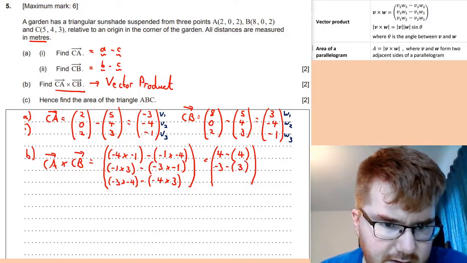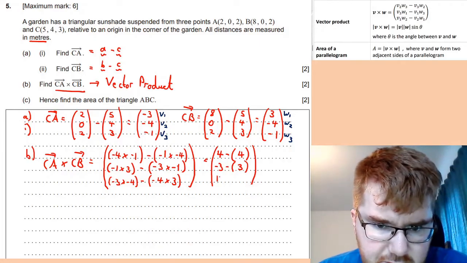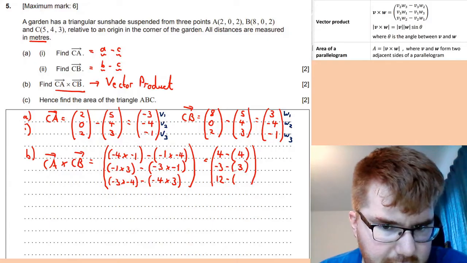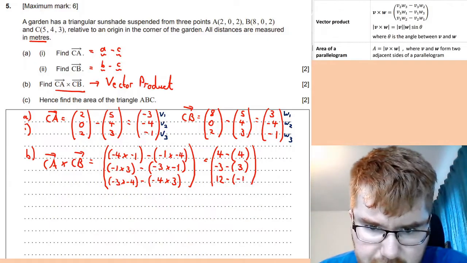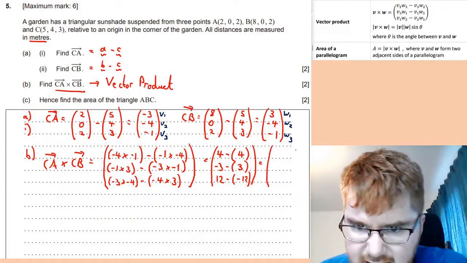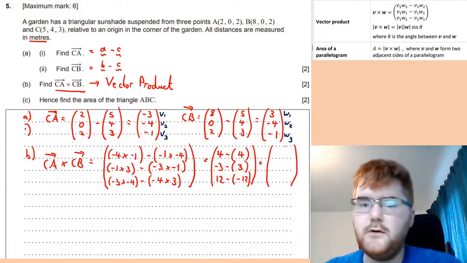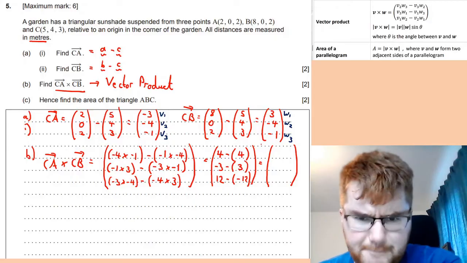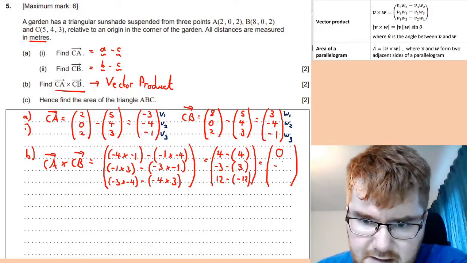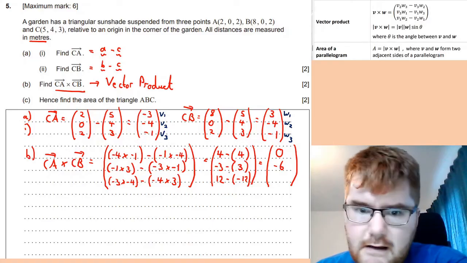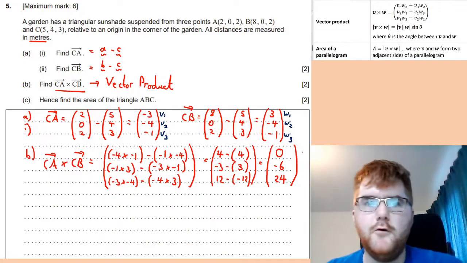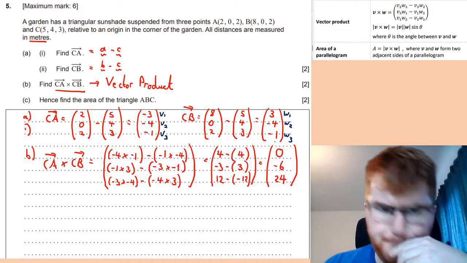And the last part is positive 12 minus, and minus 4 times 3 is minus 12. So I'm being very careful with the signs, making sure I'm doing each step quite clearly. I know it's a 2-mark question, but you don't want to make a mistake. 4 minus 4 is equal to 0. Minus 3 minus 3 is equal to minus 6. And then finally, 12 minus minus 12 is equal to positive 24. And we have our answer there.